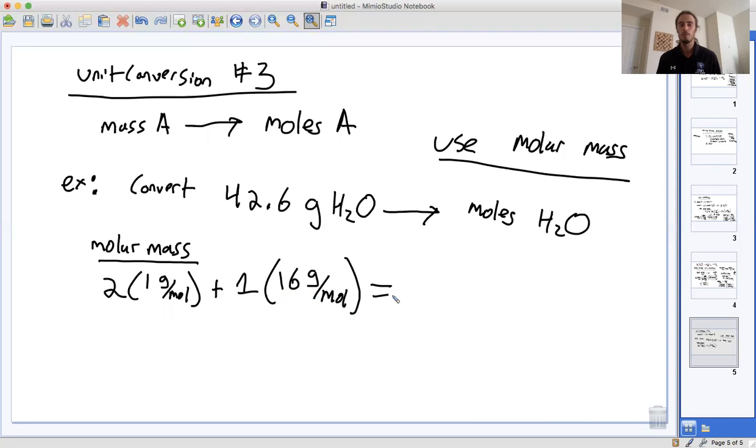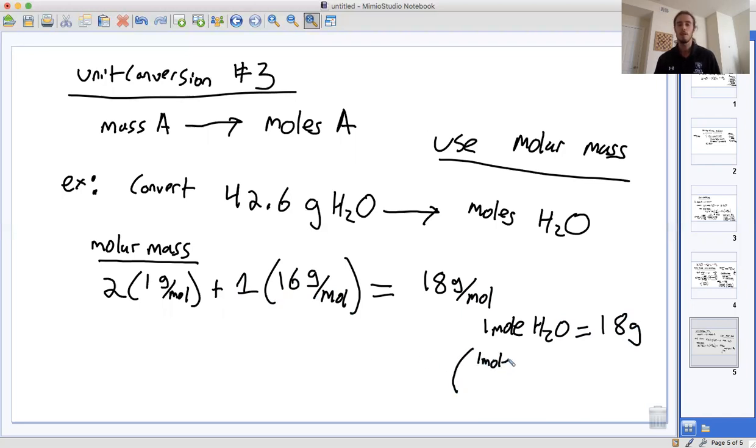And so the total molar mass for water is 18 grams per mole, right? So 1 mole of water equals 18 grams, and so the 2 conversion factors I can write are 1 mole over 18 grams or 18 grams over 1 mole.